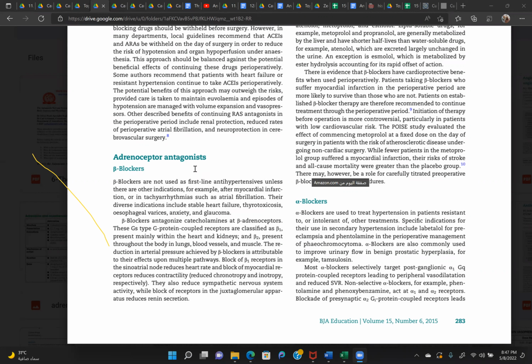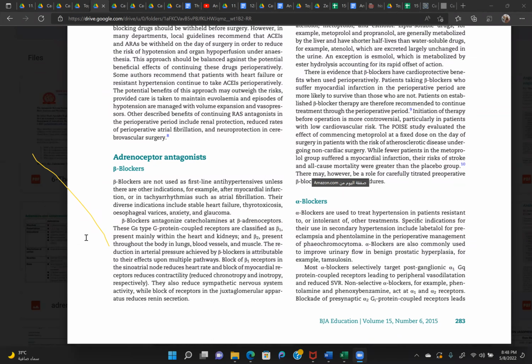So they act on the beta adrenergic receptors. You should know where the beta 1 receptors are located and where the beta 2 receptors are located. Beta 1 is mainly in the heart, and beta 2 is in the smooth muscles of vessels, large vessels going to the skeletal muscles, and in the bronchomotor tone.